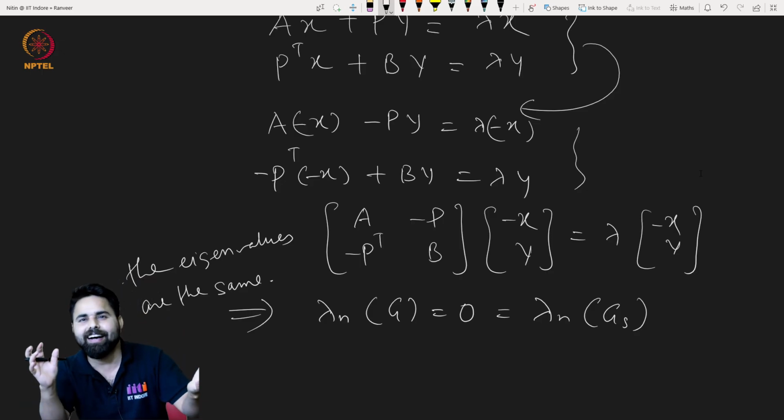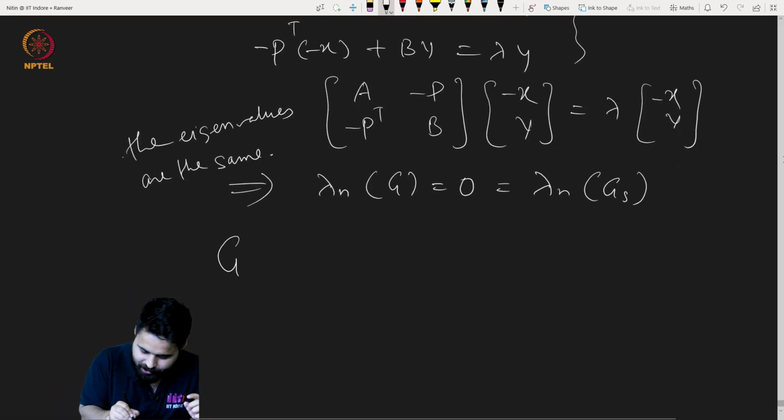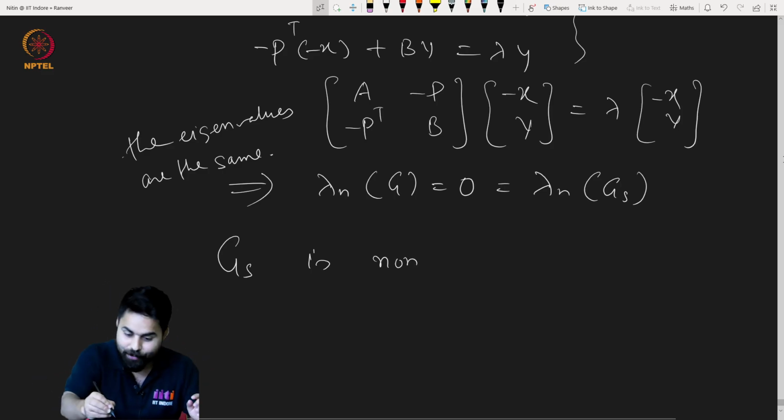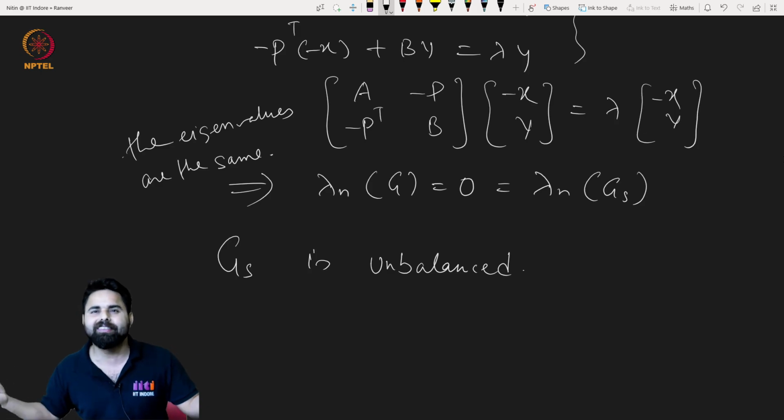Now let us take the case when GS is non-singular. Sorry, we have to actually prove that. So suppose GS is unbalanced. That means there exists a cycle which is unbalanced, right?